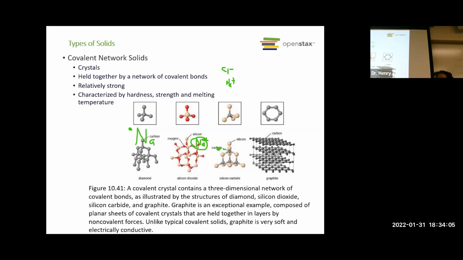Okay, so we can also have covalent networks. When I talked about silicon dioxide, quartz, that's an example of a covalent network. Graphite, carbon, graphite pencils, right? Your pencil is graphite. That is just a covalent network. A diamond too.